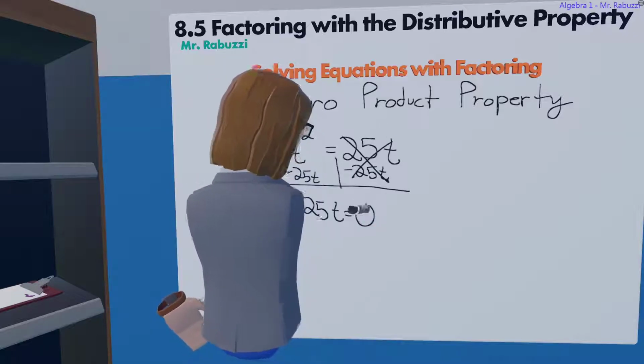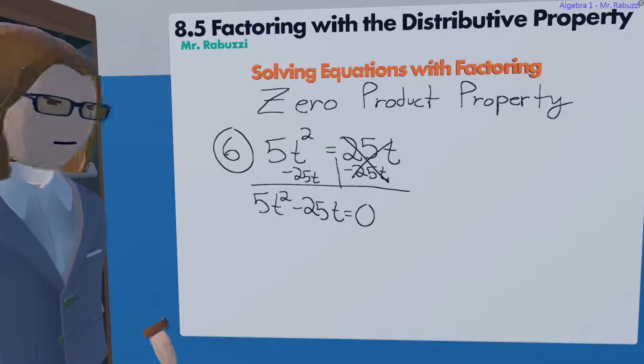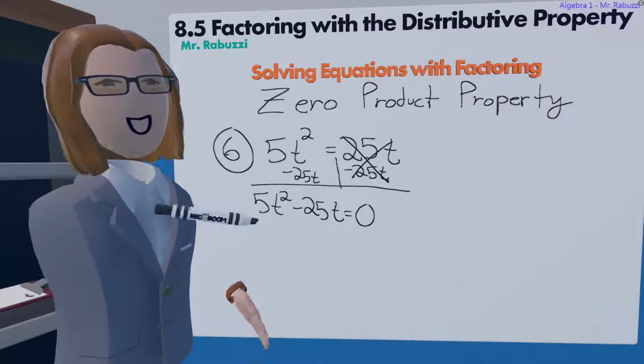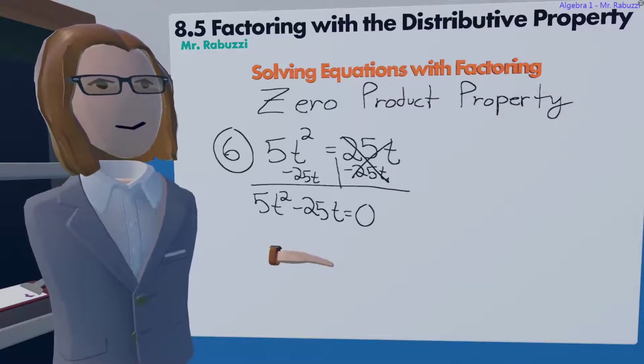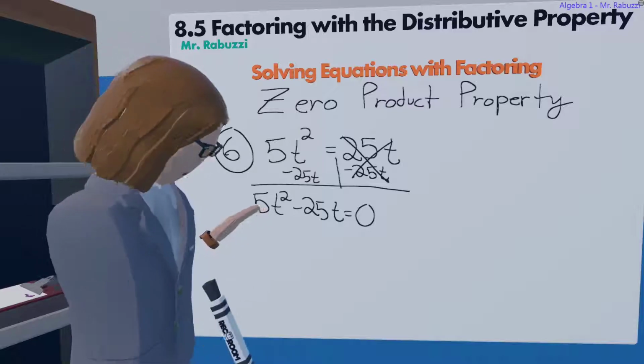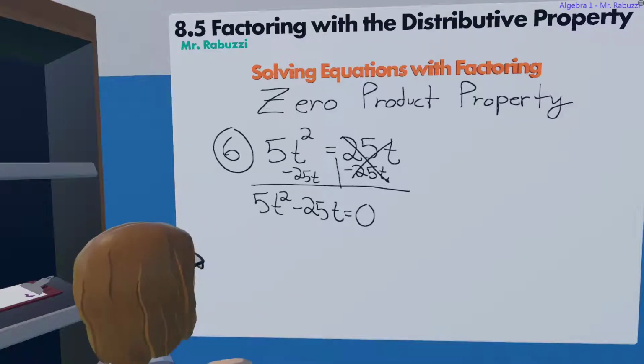There's 0 t's left over here, so nothing left on that side. Whew. So nice. We have it equals 0. But we still can't use the zero product property until we have factors on the left side. So we need to factor.